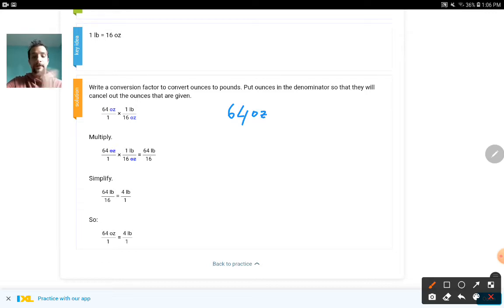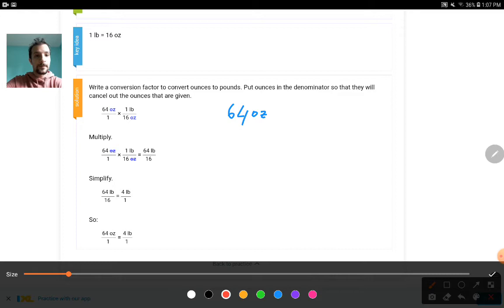And then we are going to figure out how many pounds this one is. For 64 ounces, we know that the ratio is, let me just change the color. The ratio is, again, as I said, ratios deal with multiplication or divisions.